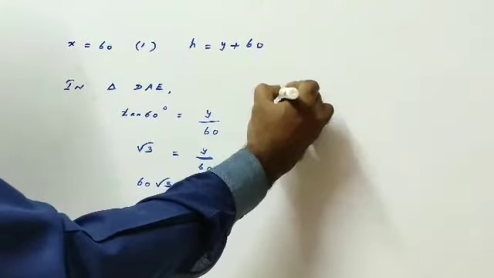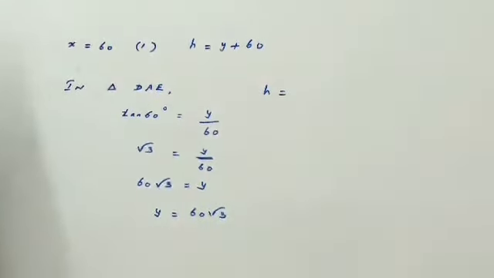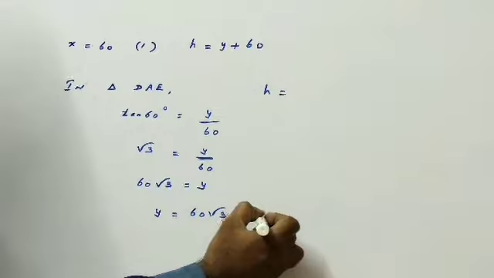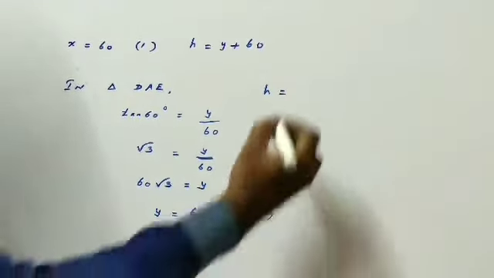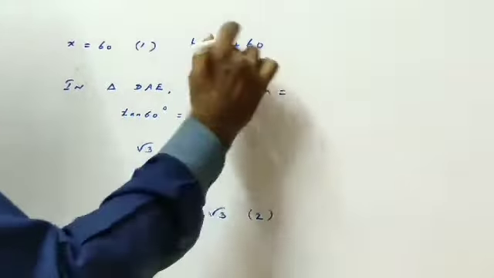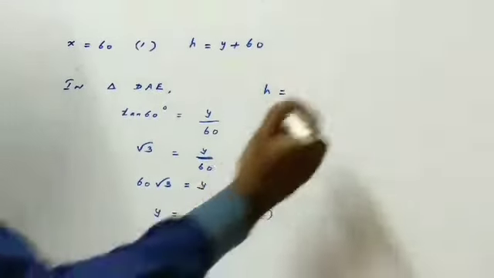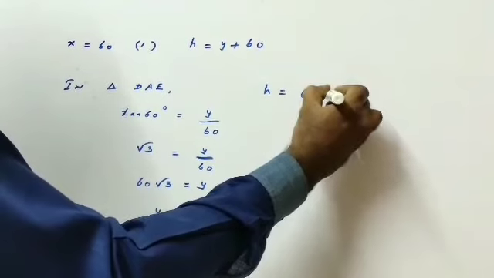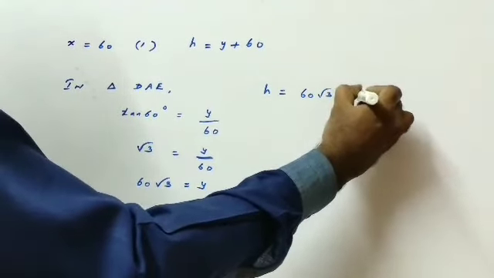Now we need to find the height of the house, that is H equal to Y plus 60. For Y we got the value 60 root 3, so substitute this value, 60 root 3 plus 60.